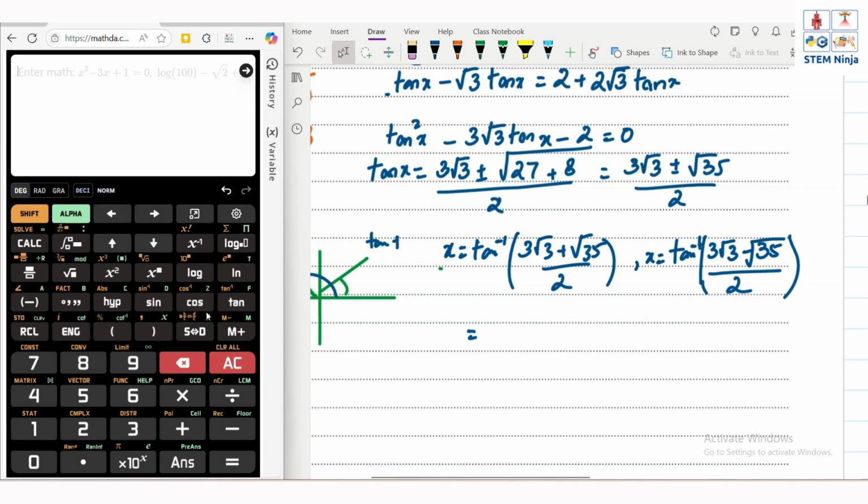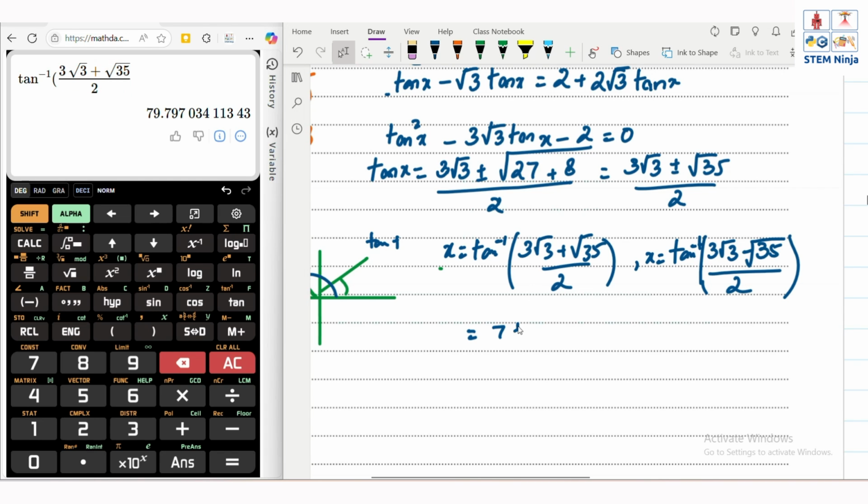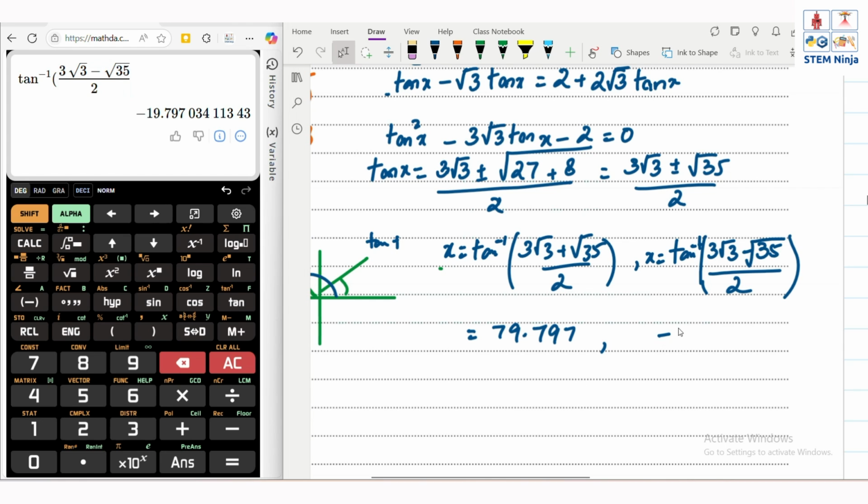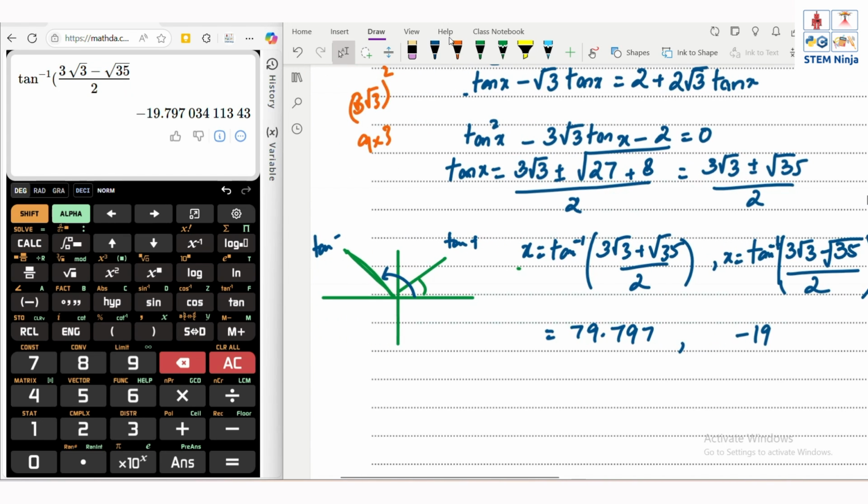So tan inverse of (3 root 3 plus root 35) divided by 2. So the first answer is 79.797, and the other answer is minus 19.797. So obviously minus 19.797 means this one, where tan is also negative.